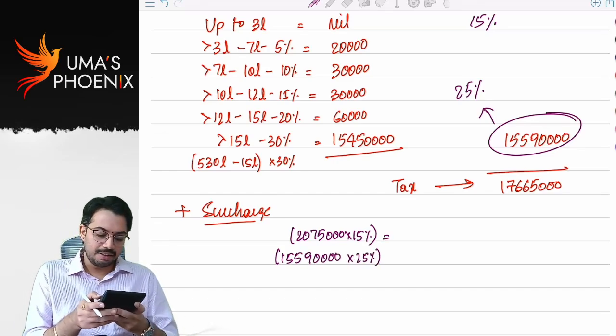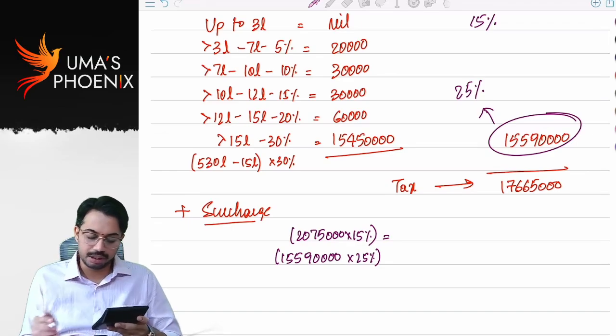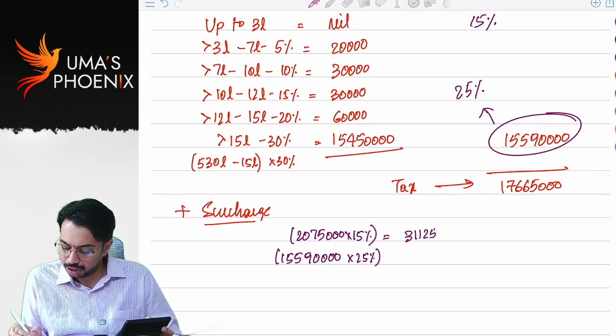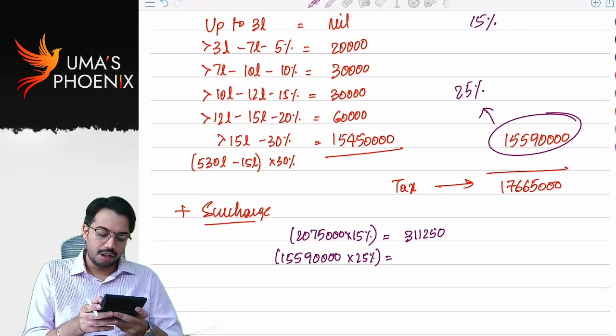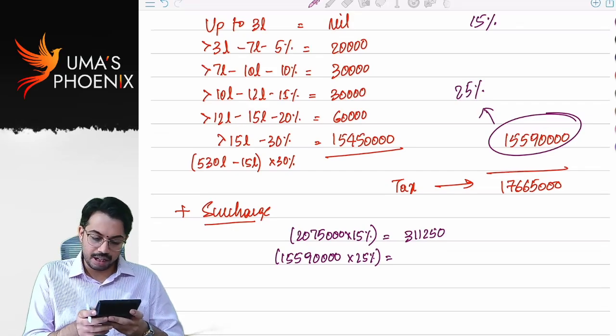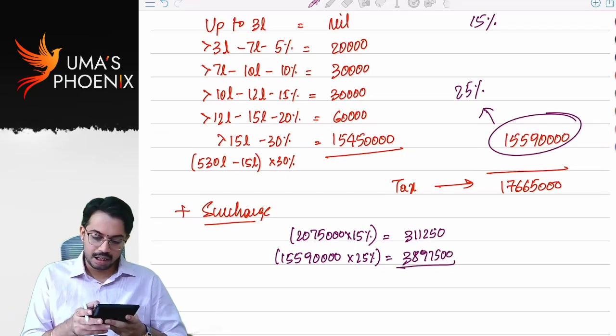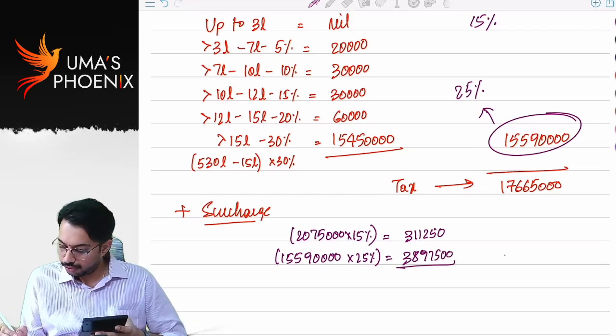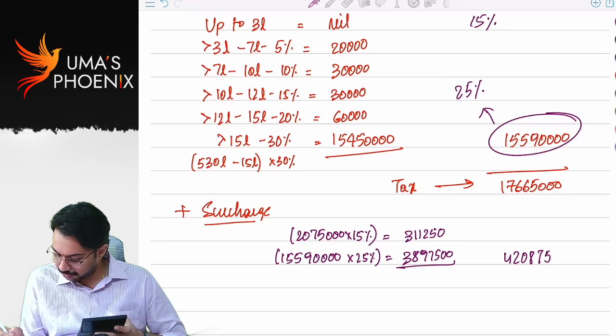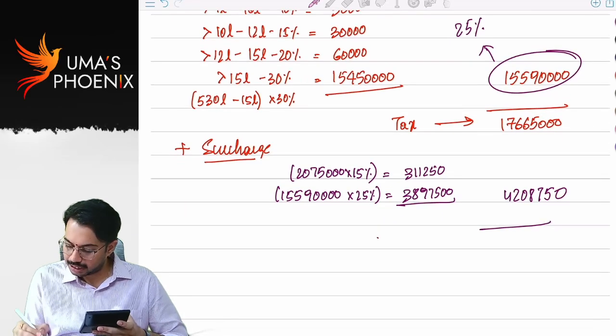So 20 lakh 75,000 into 15%, how much? 3 lakh 11,250. 1 crore 55 lakh 90,000 into 25%, how much? 38 lakh 97,500 plus 3 lakh 11,250, 42 lakh 8,750.